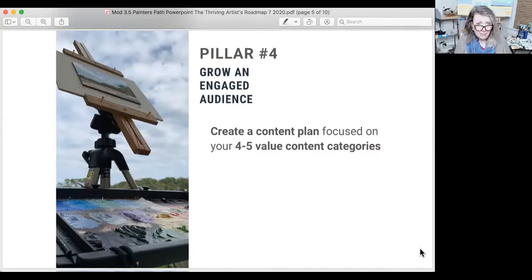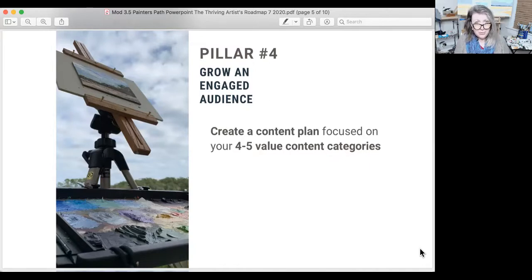Creating a content plan, focusing on those 4 to 5 categories that I talked about, will greatly simplify what you have to do both in writing on your blog and in creating emails and in creating social media posts. There's a system for this so that you're not trying to create 3 distinctly different pieces of content every week. You take that one and you use it in 3 different ways.